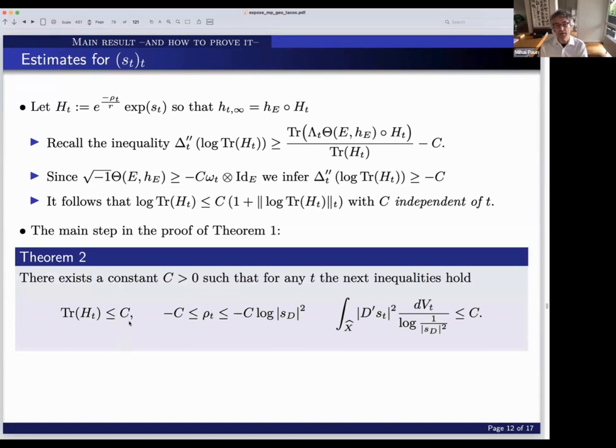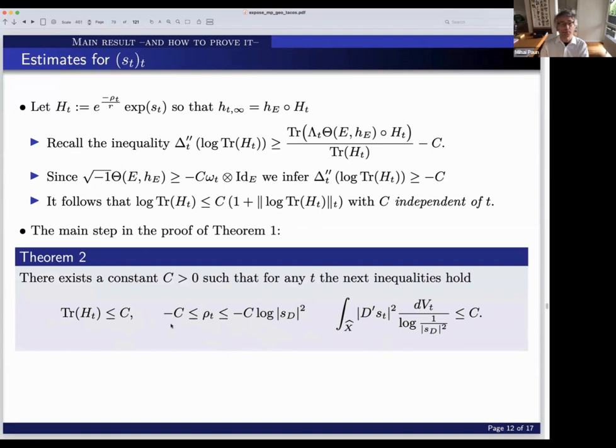It is a fact that actually we can improve these estimates and simply say that rho t is bounded between these two constants, and the trace of h t is bounded from above.